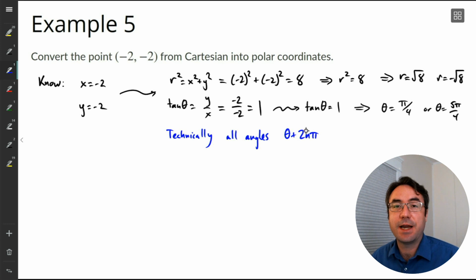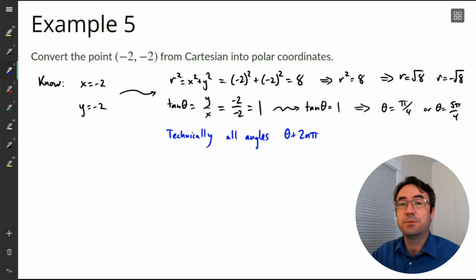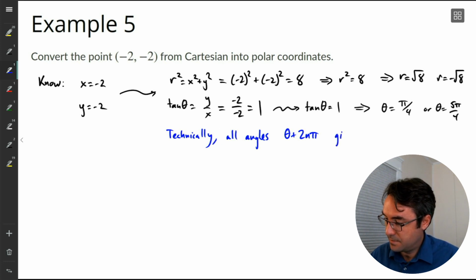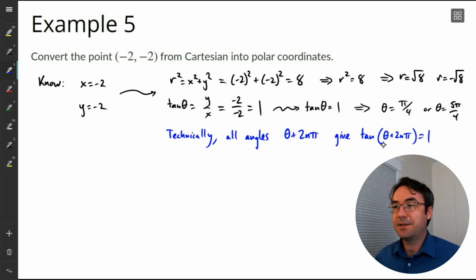So if we add or subtract copies of 2 pi to either of these angles, go completely around the circle, we're back to where we started. Tangent at those angles is also going to be 1. So there's technically a whole bunch of angles, an infinite amount of them, where tangent, when evaluated, gives us 1.